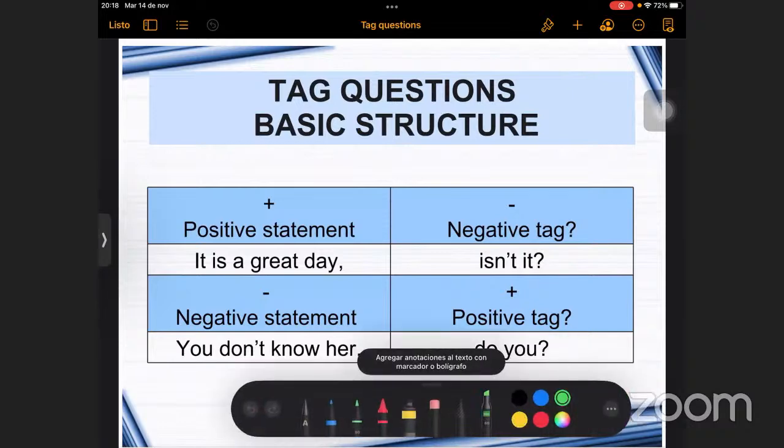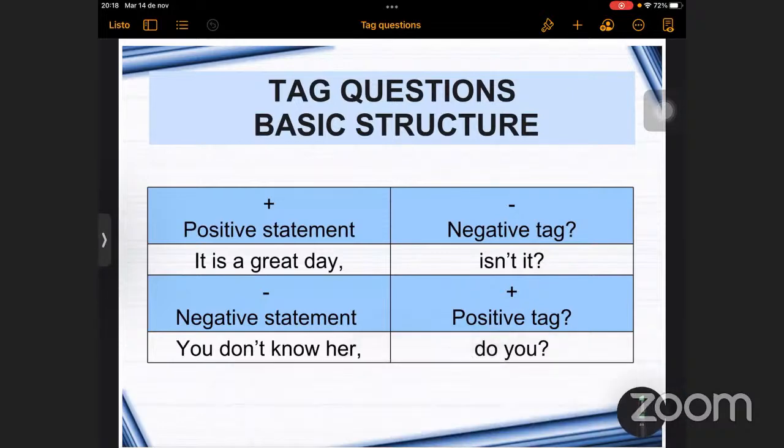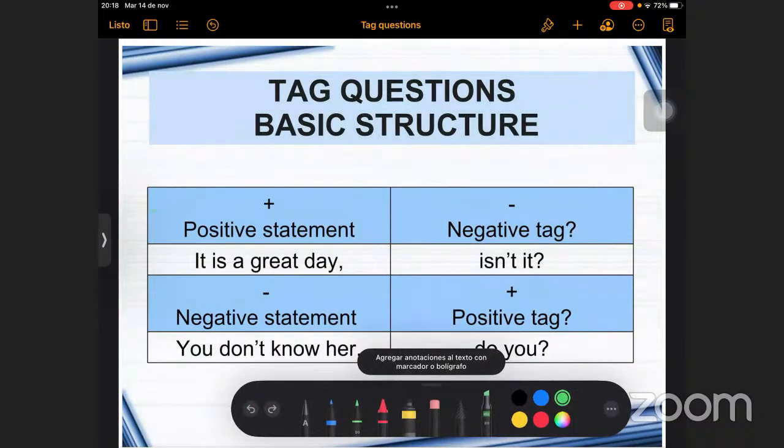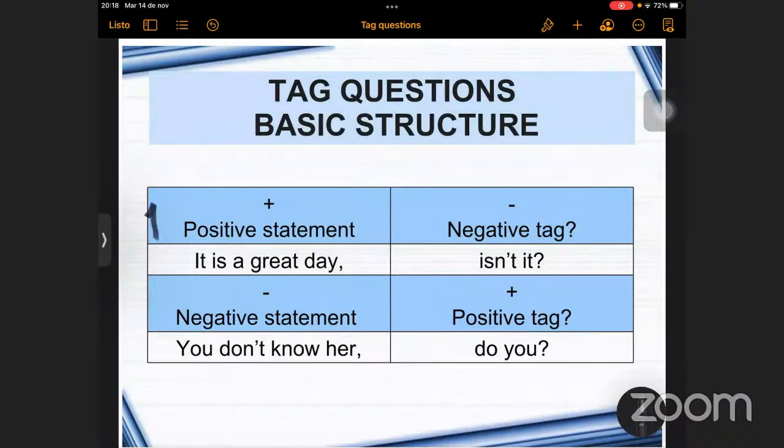First type: we can have a positive statement or a positive sentence at the beginning, and the mini question should end in negative, okay? So starting from a positive statement, the mini question ends in negative.